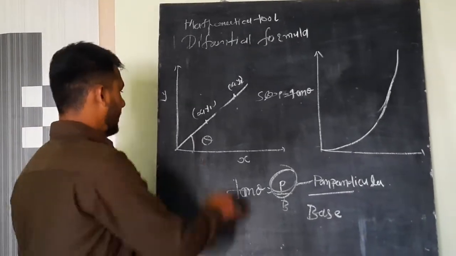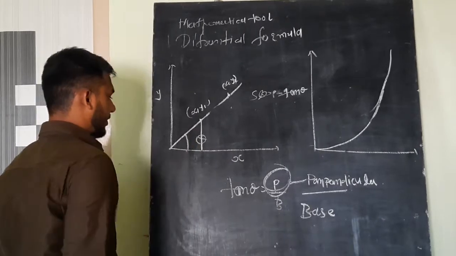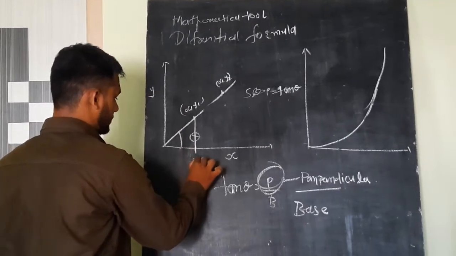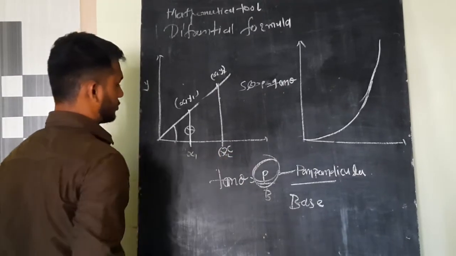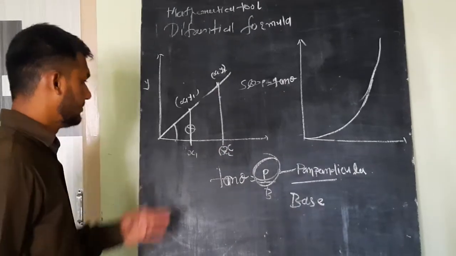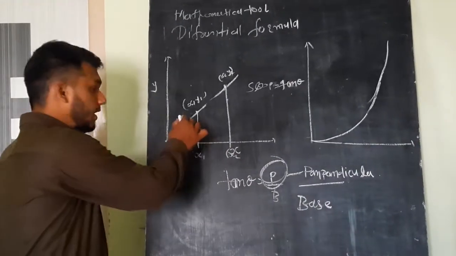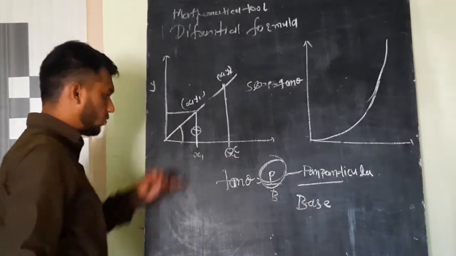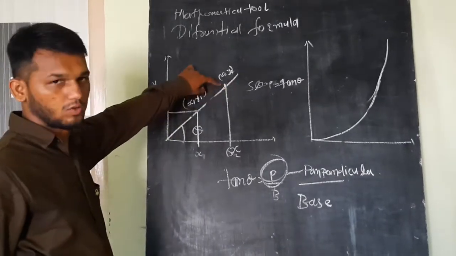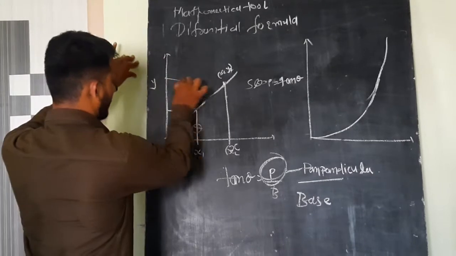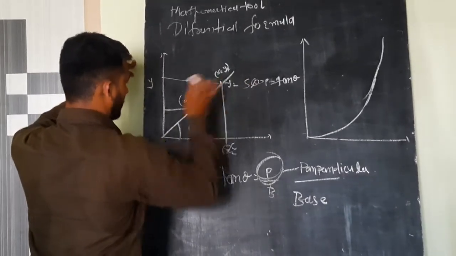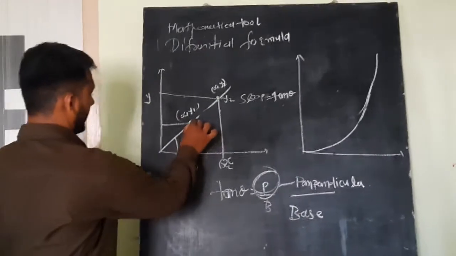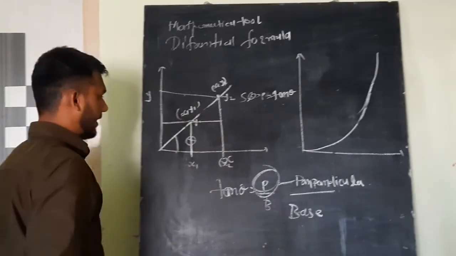Here it is the x1 point and here it is the value of x2. Similarly, here is our y1 position and here our y2 position. So to take a slope, we draw a line here.